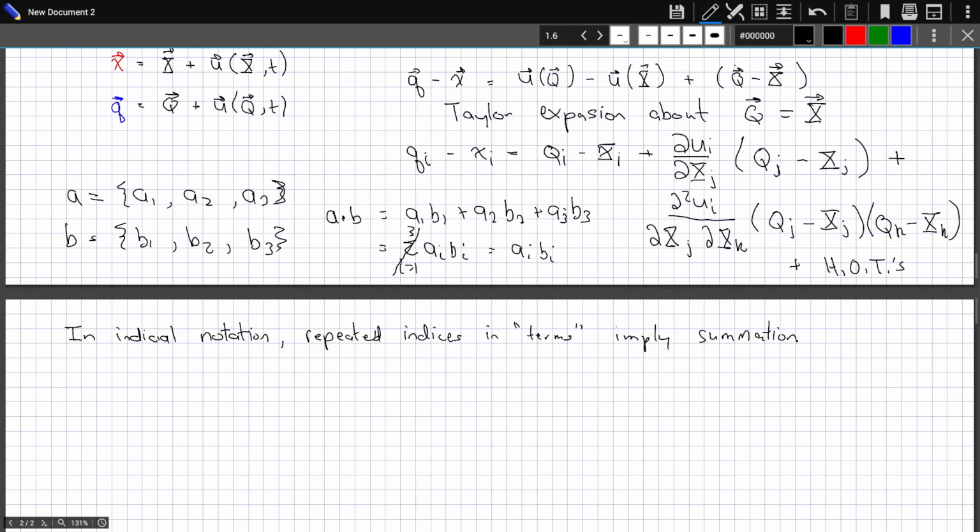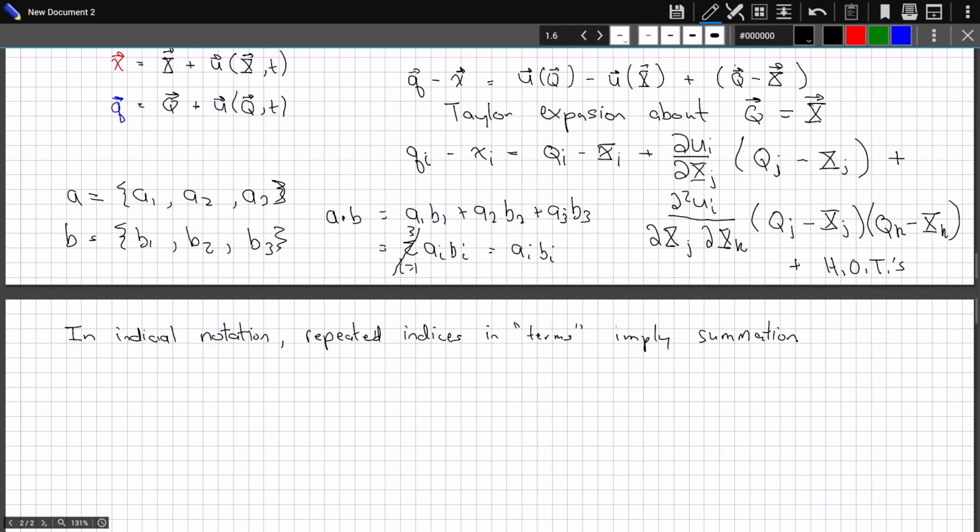Another rule closely related to this is that you cannot have more than two repeated indices in a term. It wouldn't make sense. Up here you have Xj and j, so the j is just repeated once, and these are two terms, because you have this multiplied by that, and then this multiplied by that. So you have only one repeated index, the j.